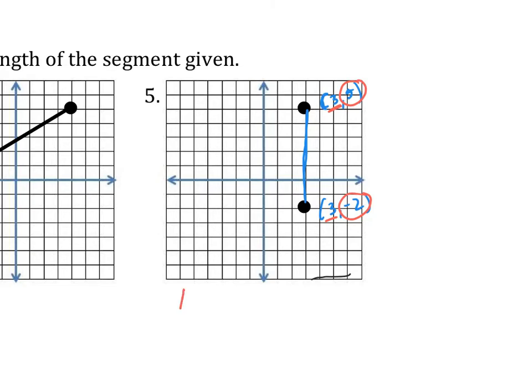If we're applying that idea of distance just on a number line, or not on the diagonal of a triangle, we can just take the absolute value of the difference of those two values. So 5 minus -2, and we're taking the absolute value because our distance is going to be positive. So that's the absolute value of 7, which is just 7. So my distance here would be 7.